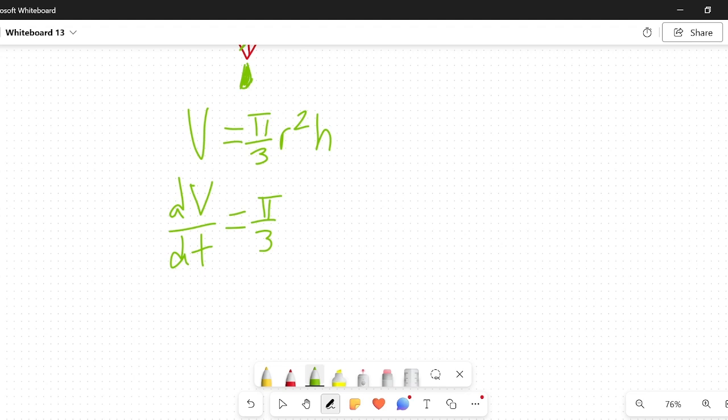In this case, we have a product, so this will go inside of a big expression. The derivative of r squared is 2r dr over dt. Then the height just stays here, because we're using the product rule, plus r squared dh over dt.